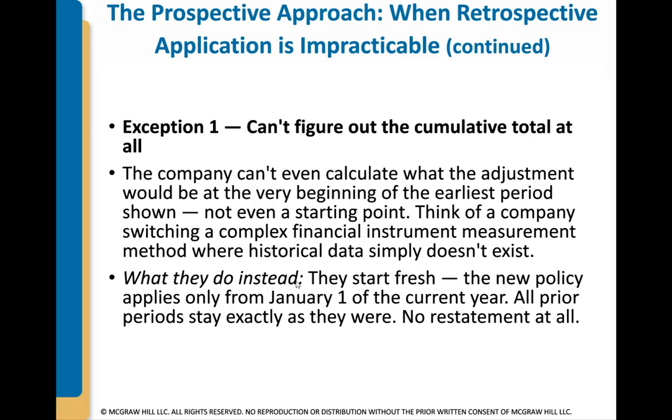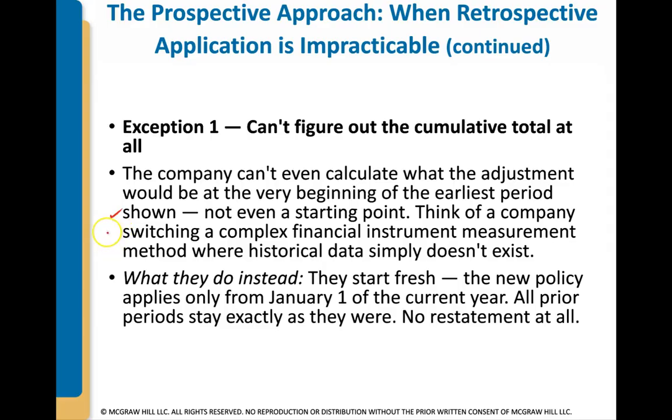Let's look at an example where we're supposed to use the retrospective application, but we just can't figure it out. This is when a company can't even calculate what the adjustment would be at the very beginning of the earliest period shown on the financial statements.